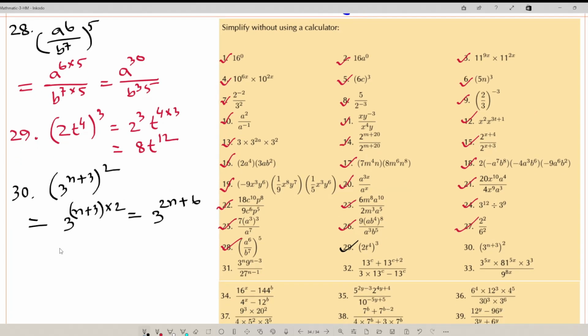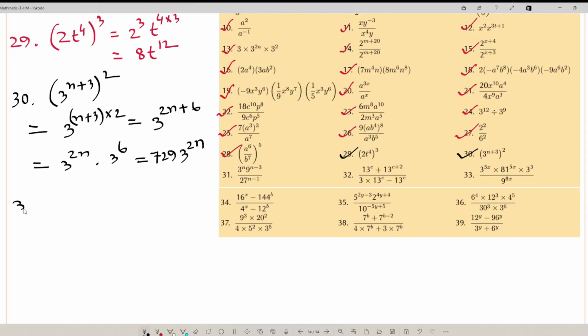Also we can segregate it more like this, 3^(2n) times 3^6. So 3^6, what does it mean? 3^6 is 729, and 3^(2n). So number 30 is done. Now number 31.